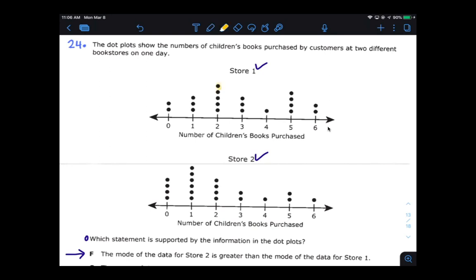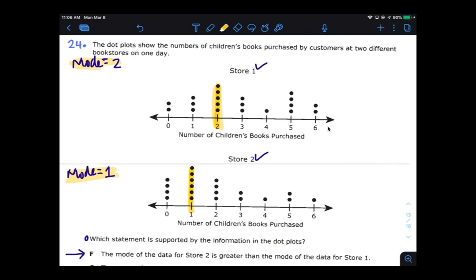So it looks like the mode for store 1 is 2. And the mode for store 2 is the one with the most dots, so the mode here is 1. I'm going to substitute these two values into the statement and read it again.